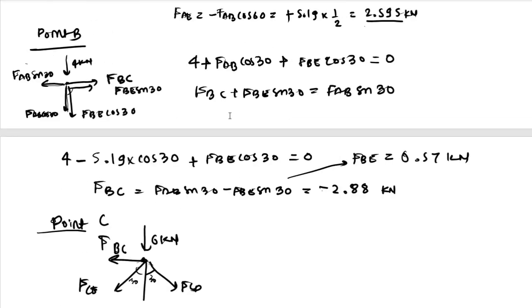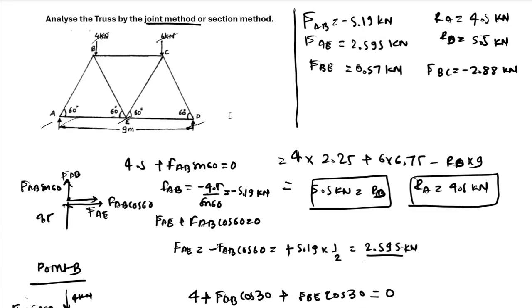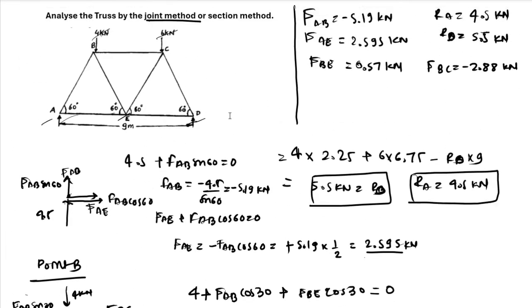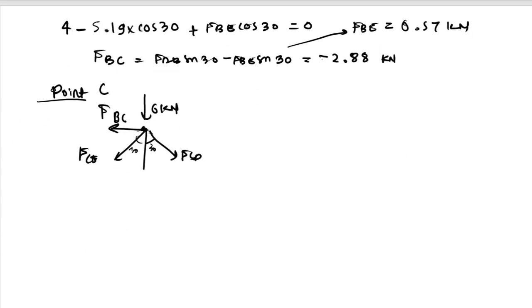And FBC is a tensile force, and FBC we have calculated as minus 2.88. So we have already written that. In the vertical direction, we have 6 plus FCD cos 30 plus FCE cos 30 is equal to 0.